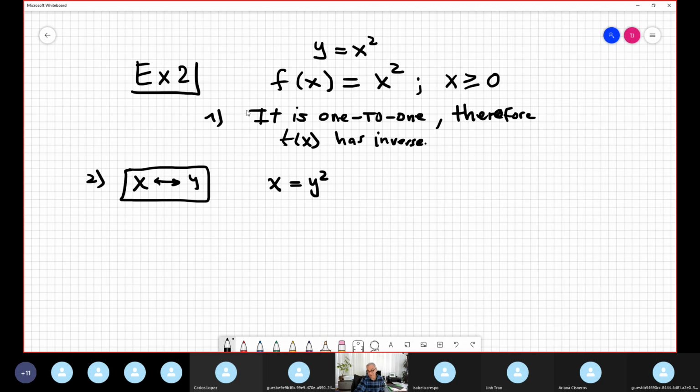Because y is not isolated. And that is never good. Bueno, square root of x is equal to y. This is no surprise. Es obvio que the inverse function of the square power is the square root. That is elementary. No surprise.